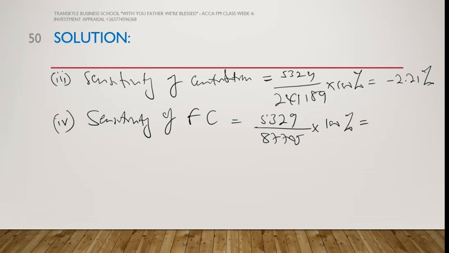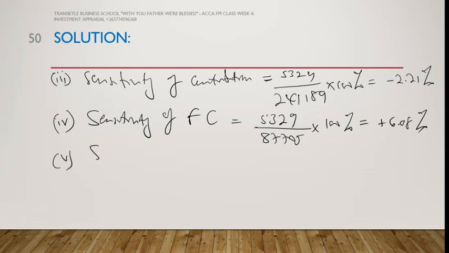If we are looking at the revenue or income side, like the contribution, we expect that if there is a fall in the contribution or in the sales volume, then we are going to have a negative NPV. But on the cost side, if the fixed costs increase, then we are going to be in trouble. In this case, we have a sensitivity of plus 6.08%. Which means if additional fixed costs rise by 6.08%, the NPV will become negative.